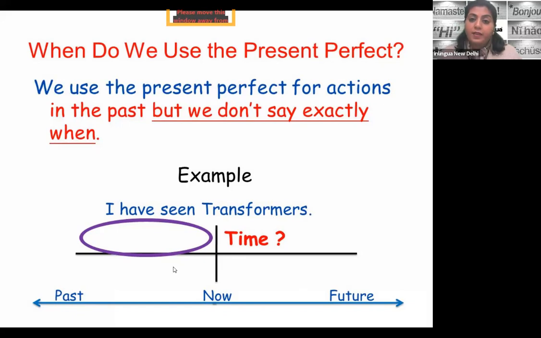However, if this person wants to talk about the time of when he saw the movie, he or she can say, I saw Transformers movie yesterday. Now, in this statement, this is the past tense, and we are talking about the time of the action, that is yesterday. However, in this example, I have seen Transformers, it only talks about the action that is complete without telling the time of the action.